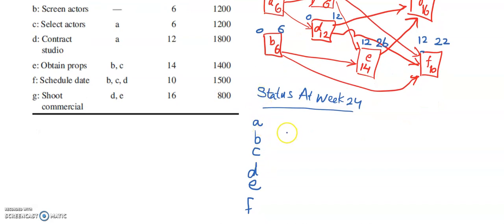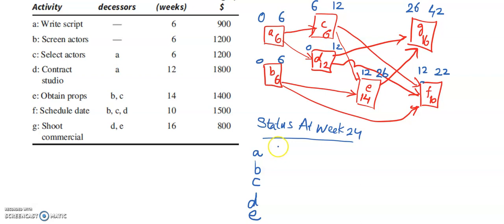So for A, the cost was $900. Because this was completely before 24, its cost has been scheduled, and it will come into the calculation of the planned value. B, the cost is also 1200, and C, the cost is 1200 also.